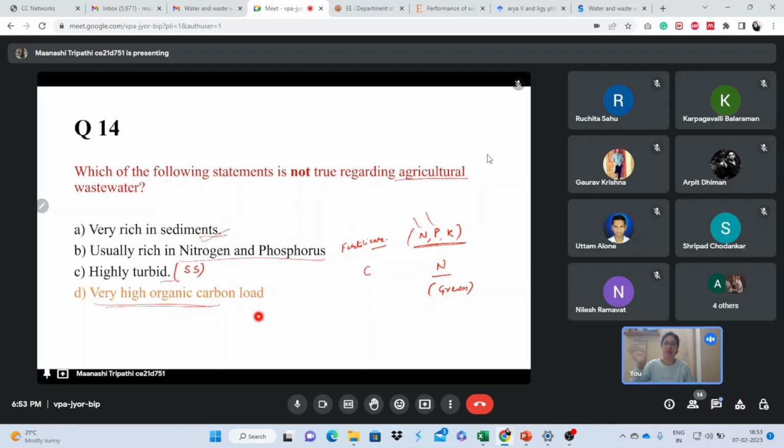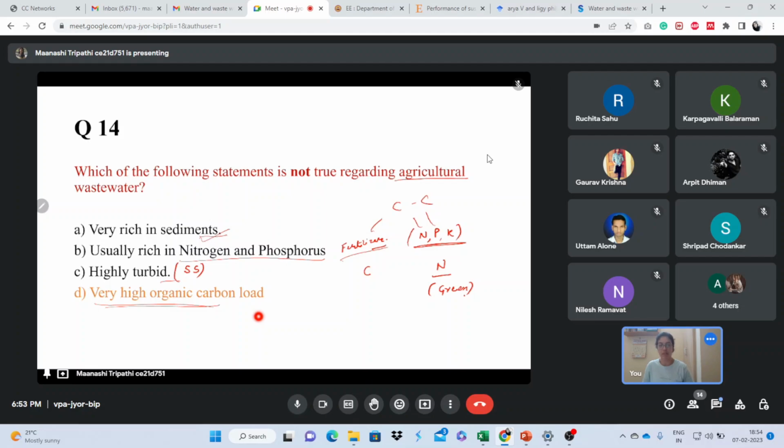It won't be very high. But it will contribute to nitrogen, it will contribute to phosphorus, it will contribute to carbon also. Even in fertilizers, we will see carbon-carbon chains. It will also give some carbon, but not very high carbon.